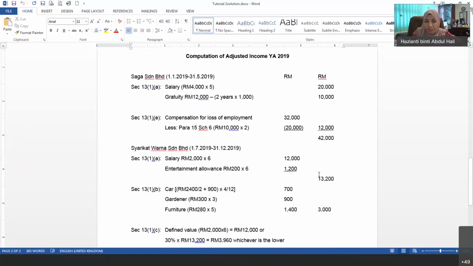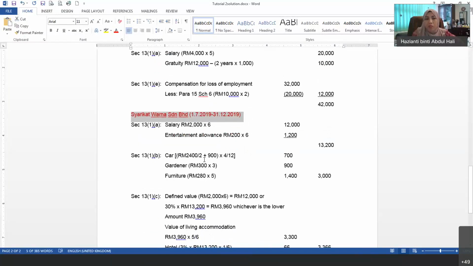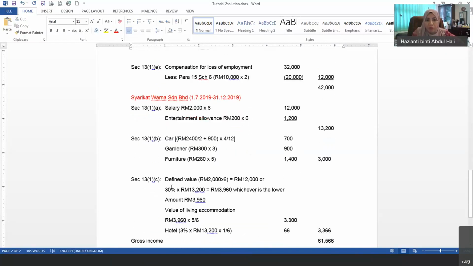Only 13(1)A with the second company, because the benefit is actually from the second company. So the 30% must come from this figure only. You don't have to add the first figure. So the amount is 3,960.